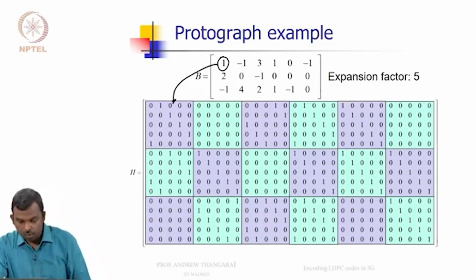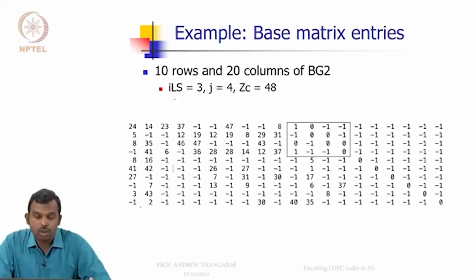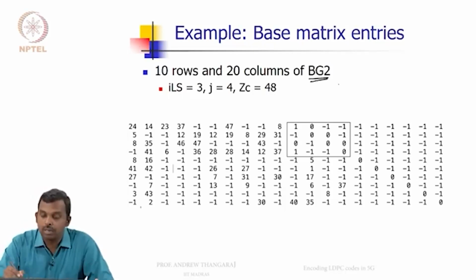Okay, so what we'll do in this class is we will start looking at the base matrix for the actual LDPC codes in the standard. This is another slide I showed in the previous lecture. This is part of a base matrix for BG2, which is a 42 by 52 matrix.